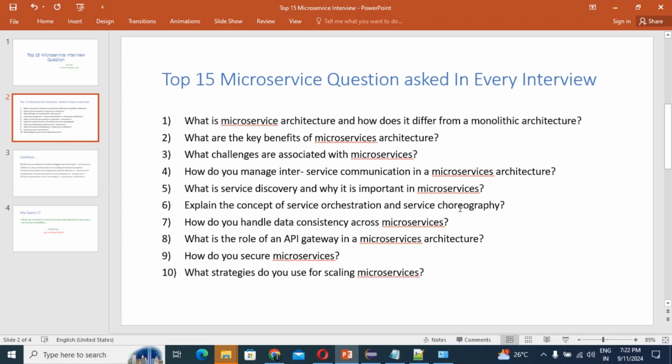Securing microservices involves authentication. Authentication means using tokens, for example JWT and OAuth, to authenticate and authorize users and services.